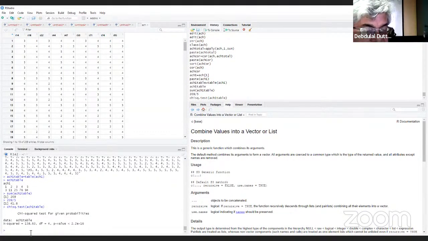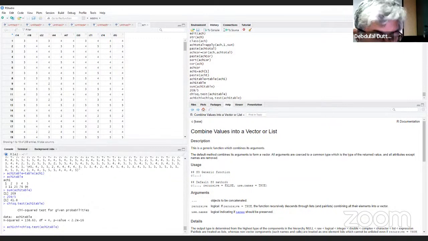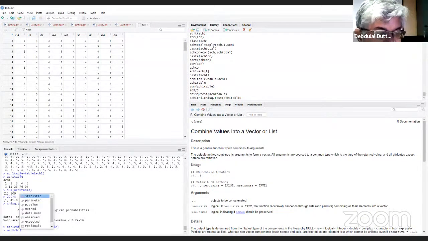Okay. Now, if I want to know more about it, suppose I am writing H1 chi, then I can get the attributes. Okay.